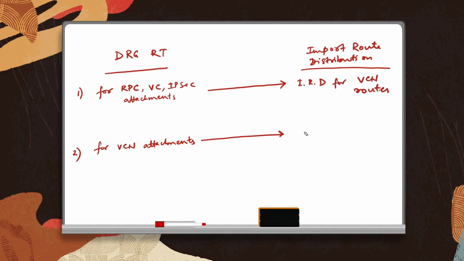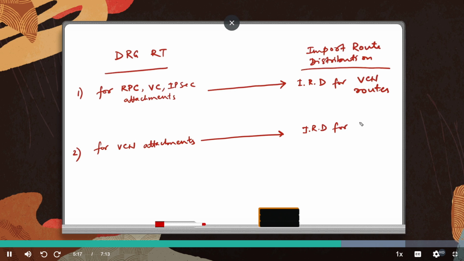And in this case, it is going to be import route distribution for all routes. So the route table for RPC, virtual circuit, and IPsec attachment is using the import route distribution for VCN routes. And the route table for VCN attachments is using the import route distribution for all routes.